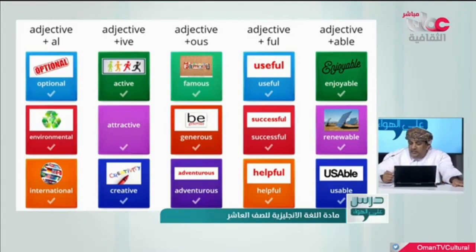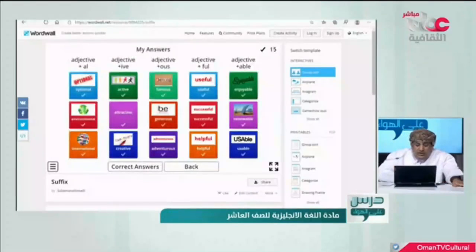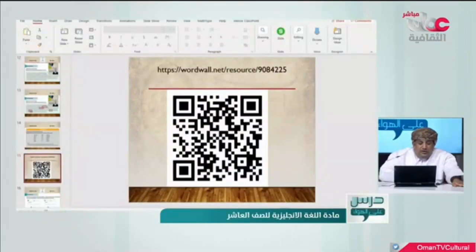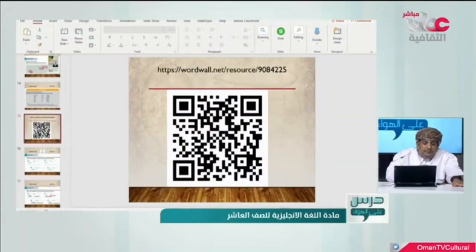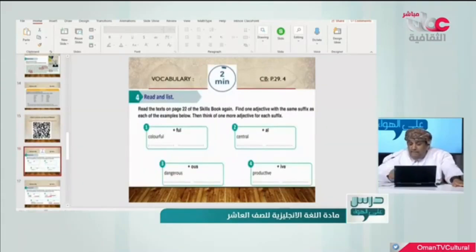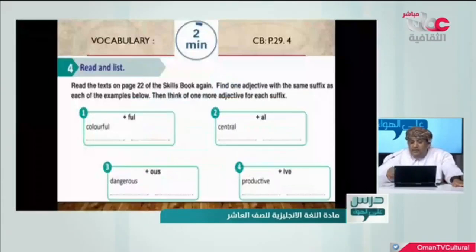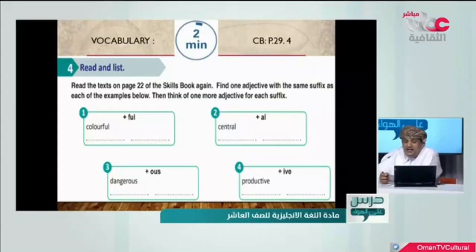Okay. Now I want you to open your skills book, page 29. I want you to complete these adjectives with some words that you have learned in the game. If you remember some of the adjectives that you have learned in the game, I want you to write them in these columns.